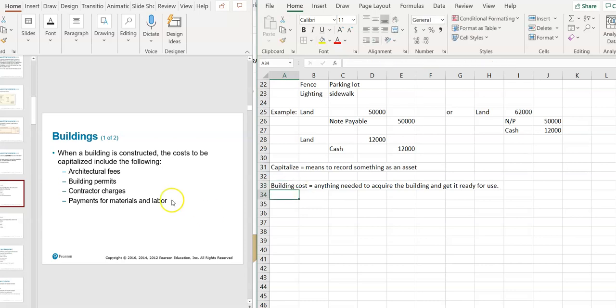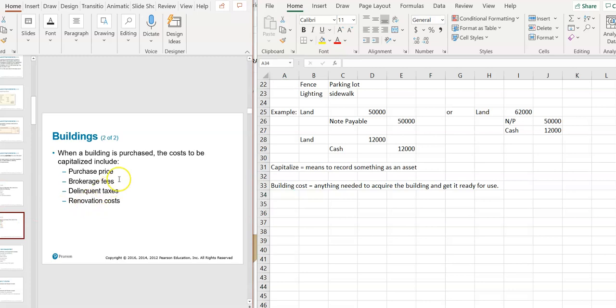So you might notice over here, architectural fees. This is for one that's constructed. So the architectural fees, any building permits, contractor charges, payments for material and labor. That's when they're building one. In this case, they purchased one. So brokerage fees, any delinquent taxes, any renovation costs, but anything to acquire or construct it and get it ready for use.